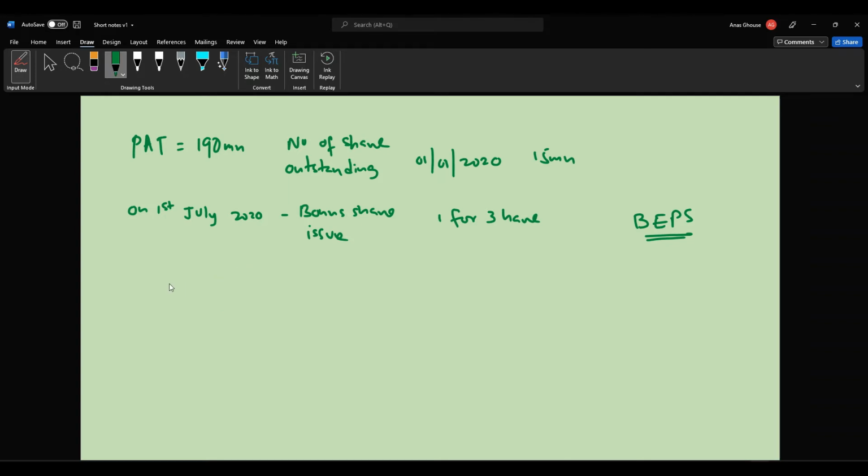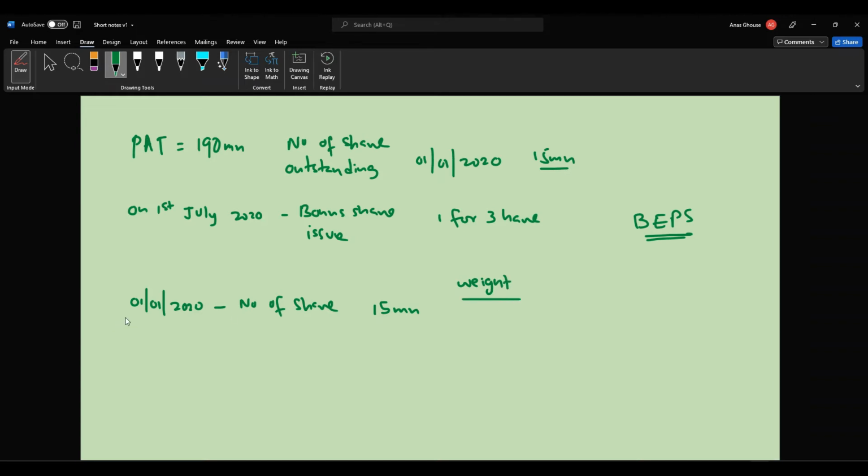To calculate this, let's use this table, 1st January 2020. The number of shares is 15 million.